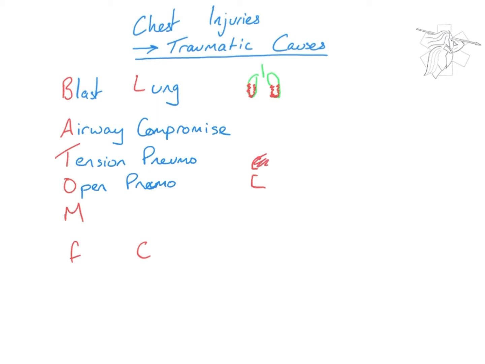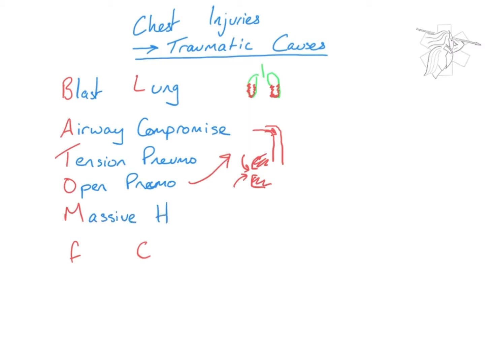So if this is your chest here, we've got a hole in the chest, and air is preferentially moving through the path of least resistance, in through this tiny hole in the chest, rather than in the mouth and nose and down through the trachea as it normally would. So air's preferentially moving through this shorter distance through this communicating hole in the chest, and that's your open pneumothorax.